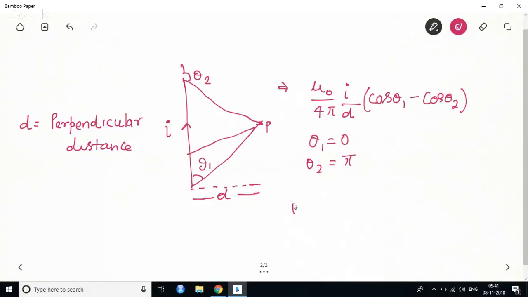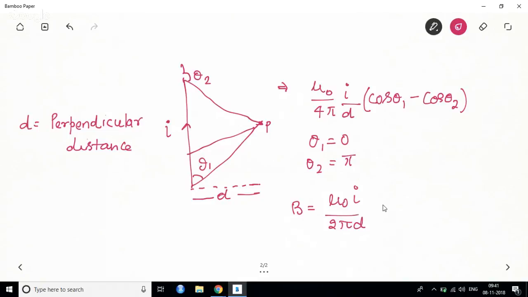When you put these values, B comes out to be mu naught I by 2 pi d. So these things we have already done.